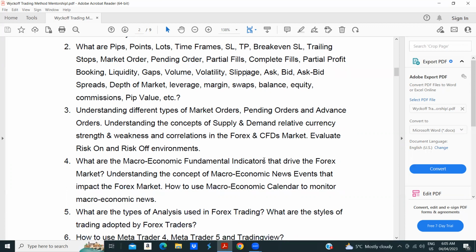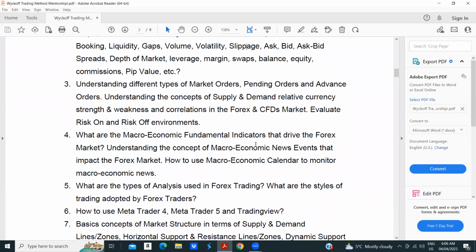They are the catalyst that drives prices in the Forex and CFDs market. We're going to focus on the grounding concepts of the macroeconomic news events that impact the Forex market. And we will also learn how to use a macroeconomic calendar to monitor the macroeconomic news.